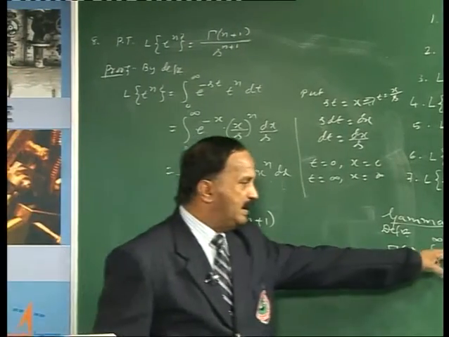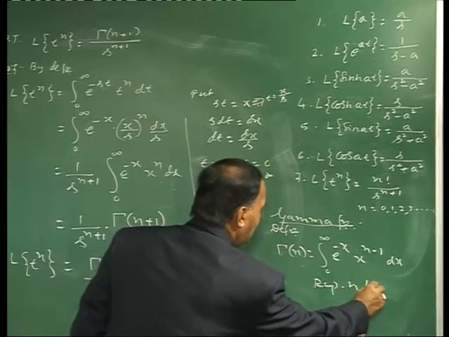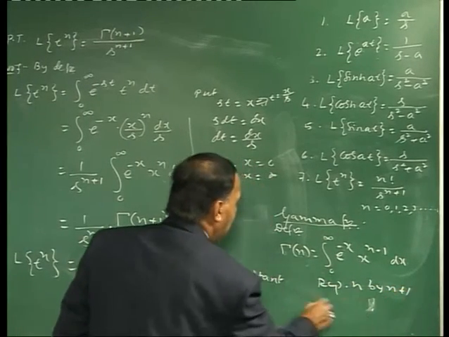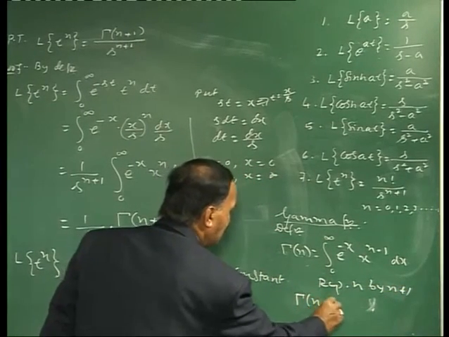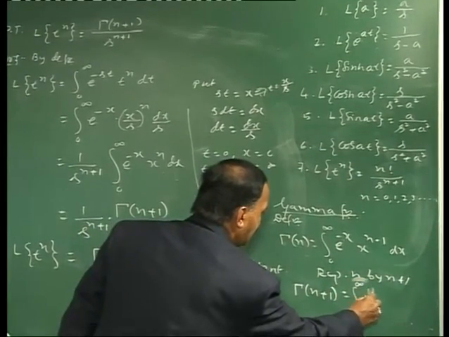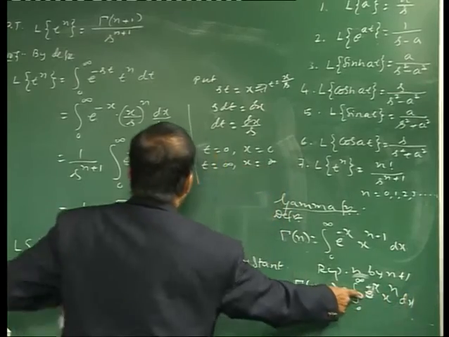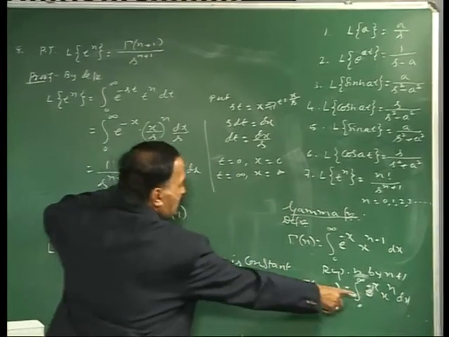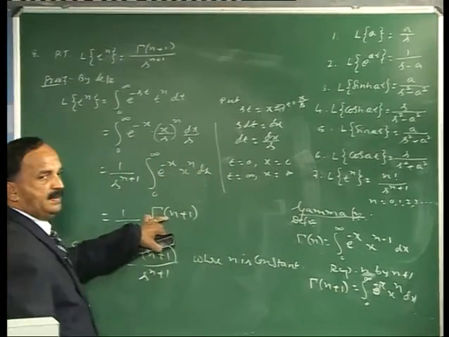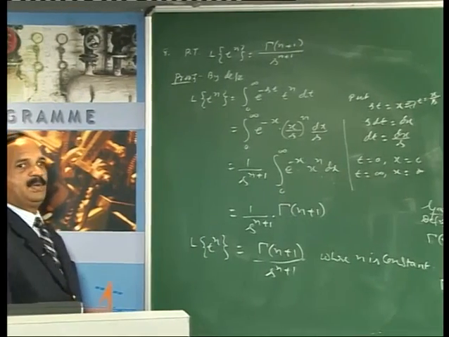Replacing n by n plus 1 in the definition, gamma n plus 1 is equal to the integral from 0 to infinity of e to the power of minus x into x to the power of n dx. Now these two are the same, that is equal to gamma n plus 1. So this is L of t to the power of n.